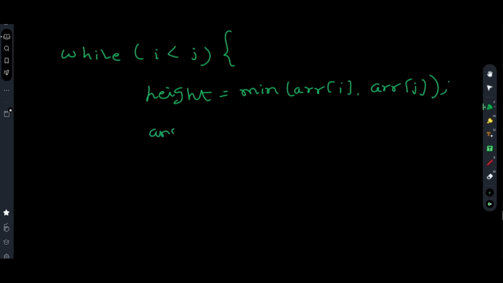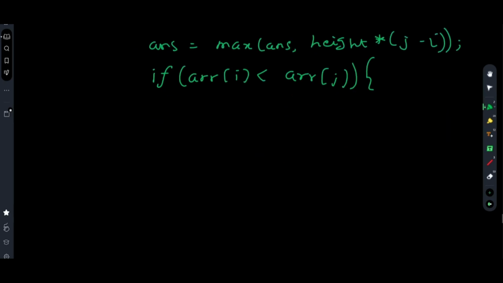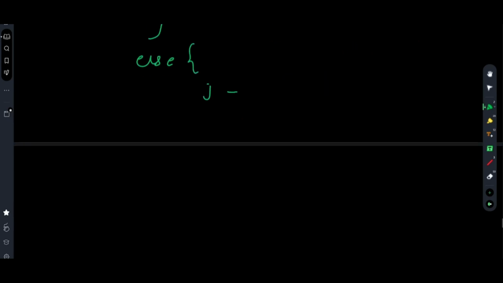And what will be the area? Answer equals max of answer comma height into j minus I. If arr of I is less than arr of j, I plus plus, the left index increments. If they are equal, then reduce any of them, it doesn't matter. Else try to increment the right height, therefore right index decreases, and you will return answer. This is the overall algorithm.